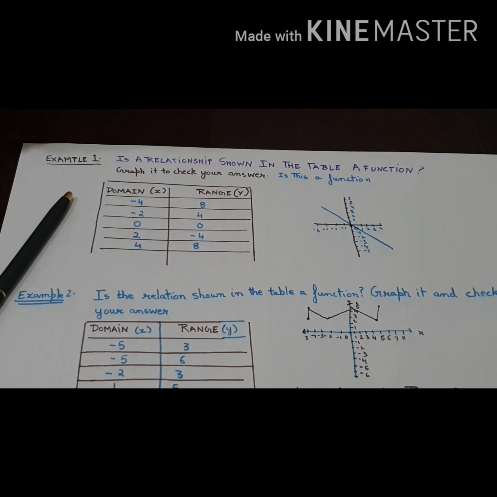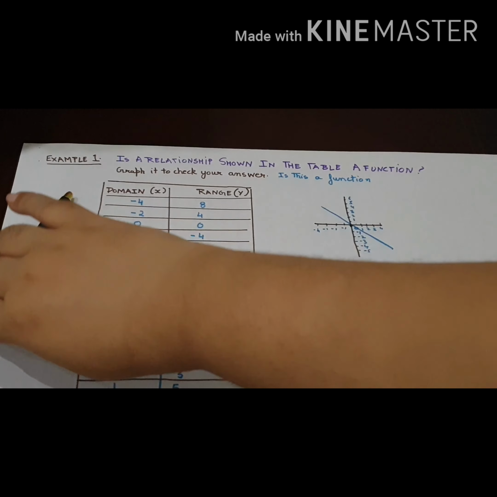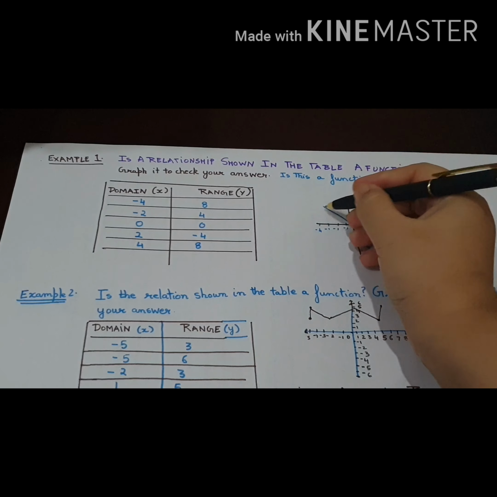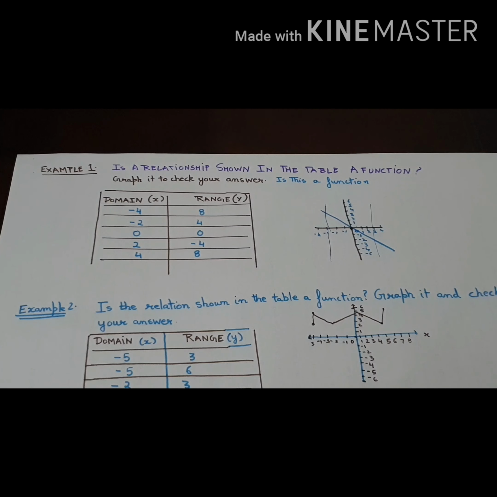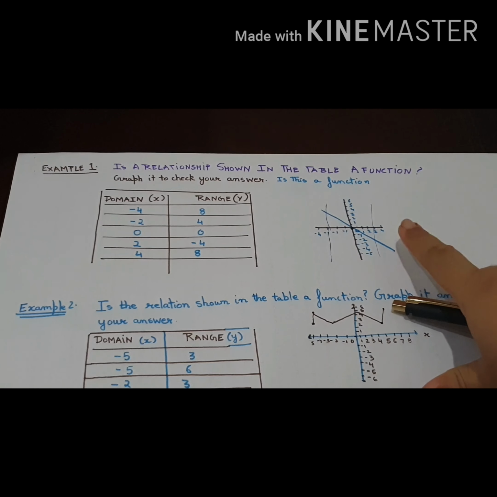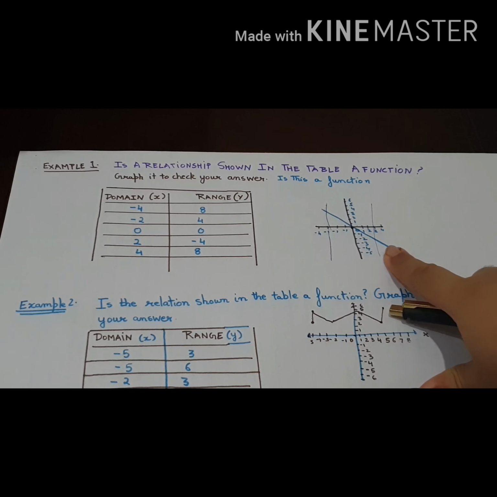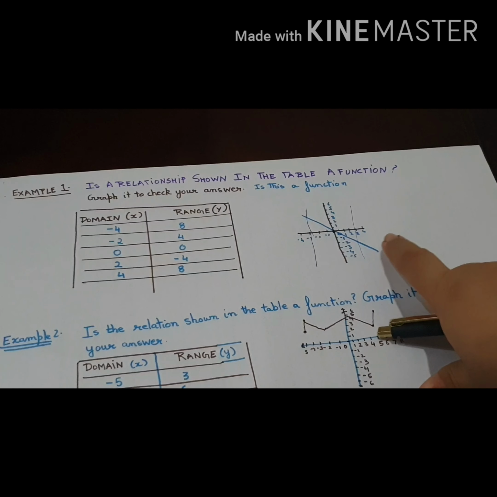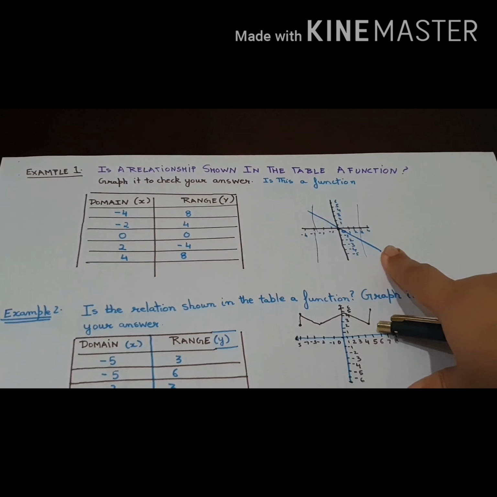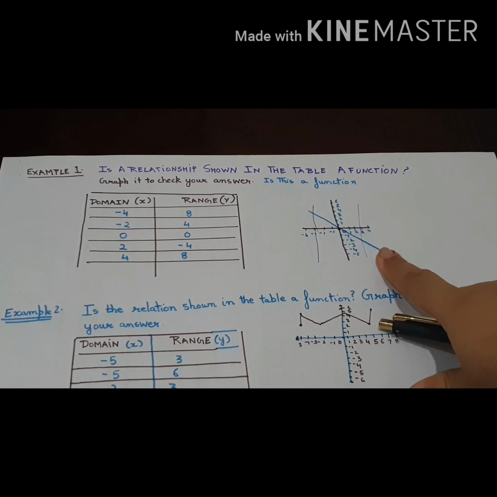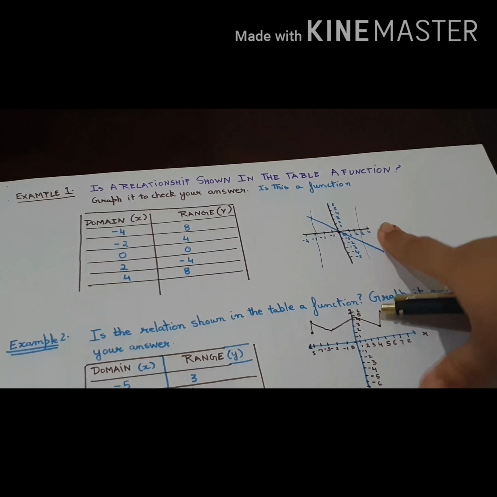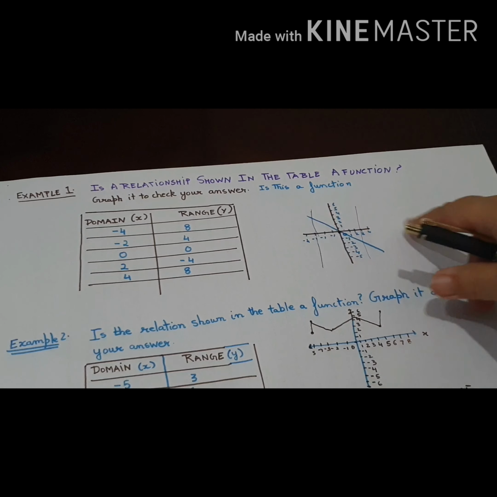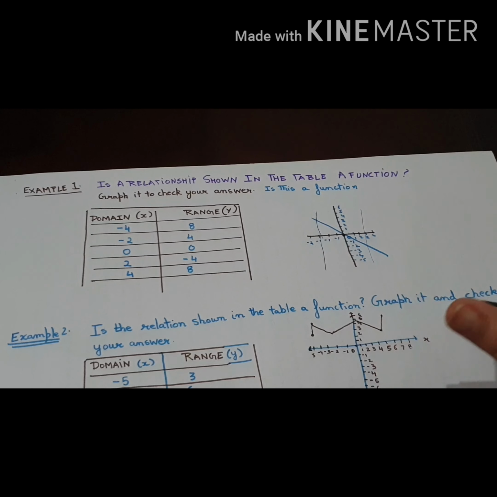Now one more test you have to do, that is the vertical line test. What you can do is draw two lines. This graph is not on scale, but when you draw the proper graph, what you will see is that only a single point is touching the vertical line.